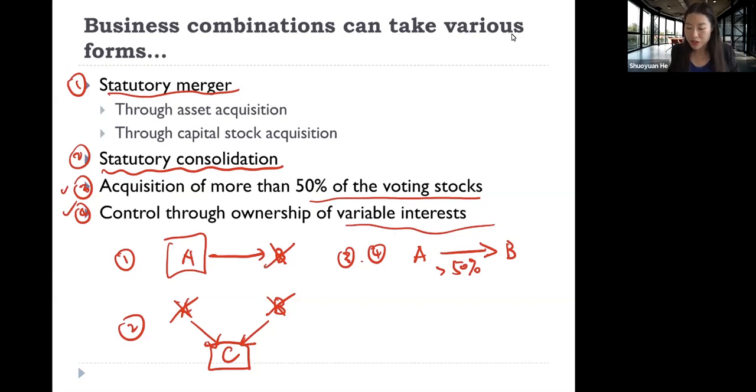In both of these situations, both firm A and firm B still exist after the acquisition. Neither firm dissolves. So this is number 3 and number 4, the third and fourth forms of business combination. So those are briefly the differences among the different forms of business combination.